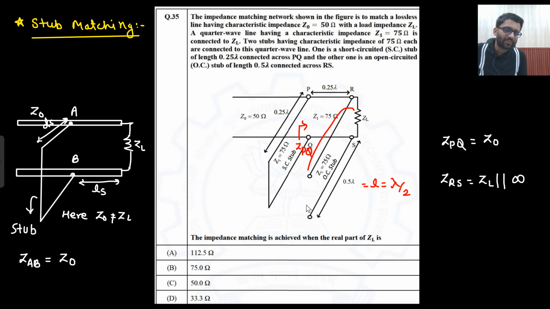So because of this transmission line, the impedance you are getting is infinity only. So ZRS is equal to ZL only. Is that clear to you? Now because of this transmission line, what is the impedance you will get? Let's call this transmission line 2 and this one transmission line 1.